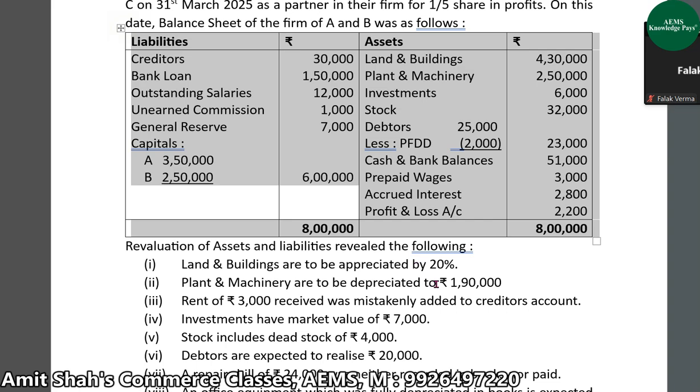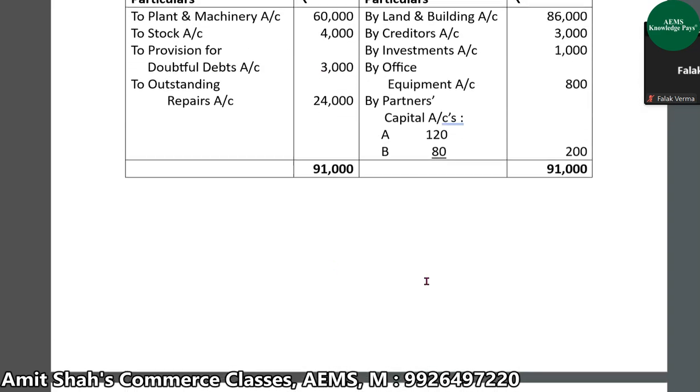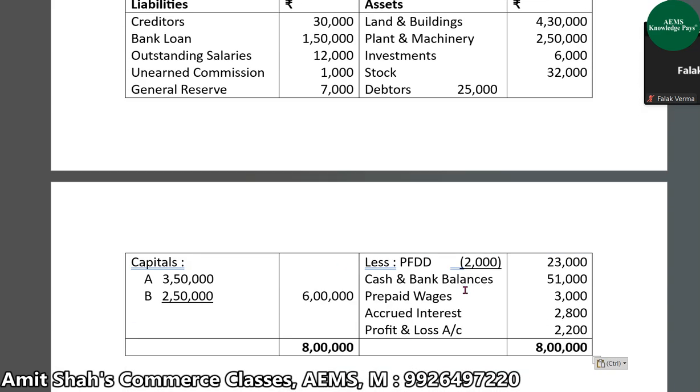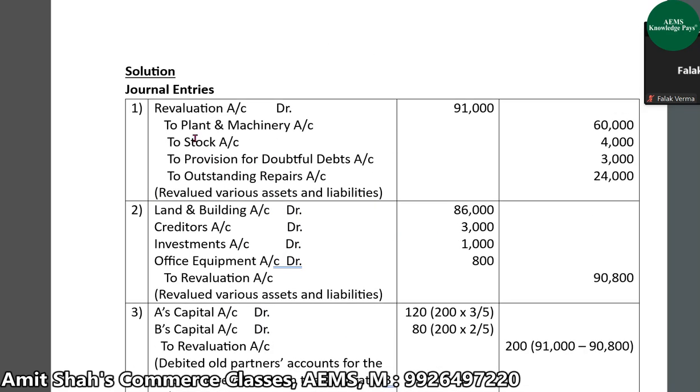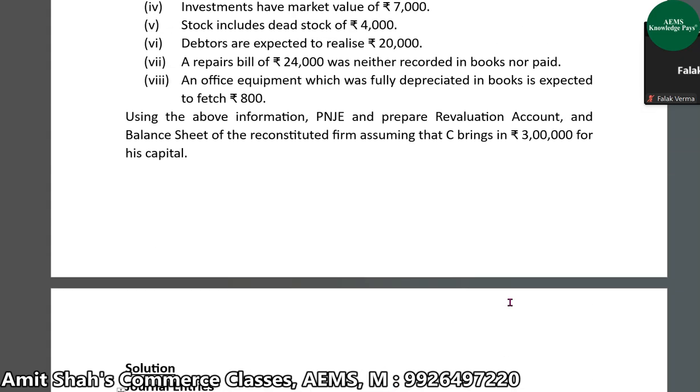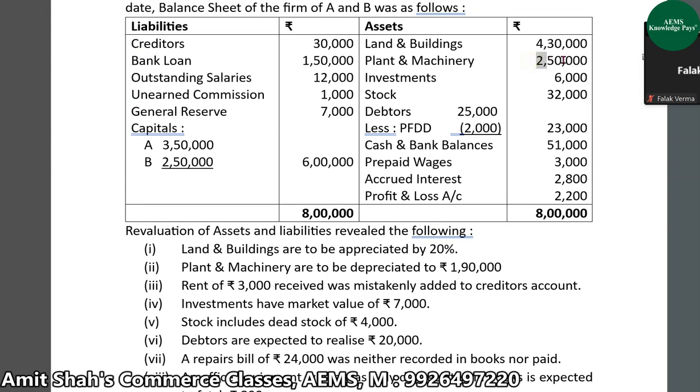But yeah, when we make balance sheet, it should reflect in the balance sheet. So the balance sheet of A and B, how it will look like after revaluation, let's understand that, guys. If you see this entry, here we have decreased the value of plant and machinery by 60,000. Earlier value of plant and machinery in books was 2,50,000.